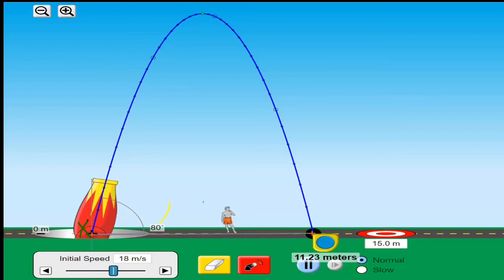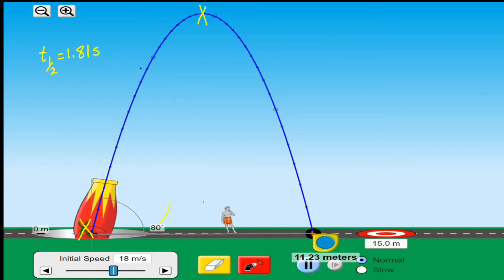Let's do a calculation and see if we can get the same answer. As you know, we measured the time for traveling from this point to this point, and we name it T for half a flight, and it was 1.81 seconds. In this case, as you can see, we ignore air resistance. So the path of the projectile is symmetric, and also the projectile started from this height and landed at the same height.